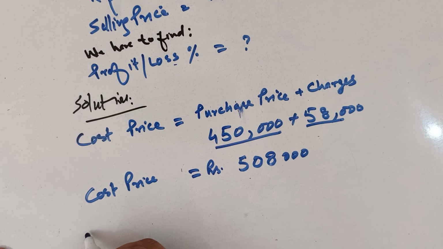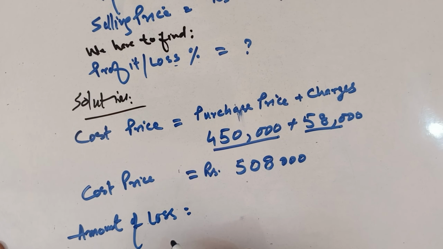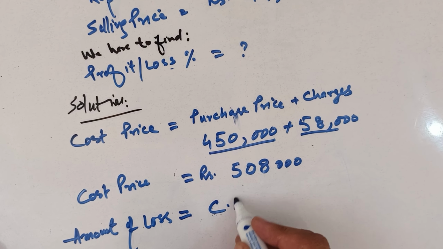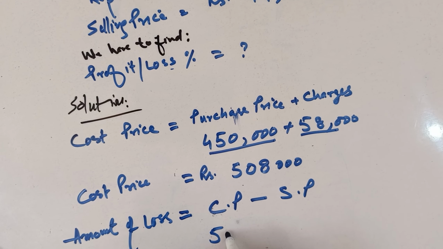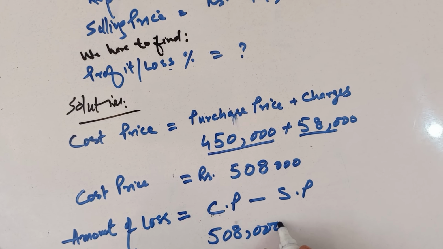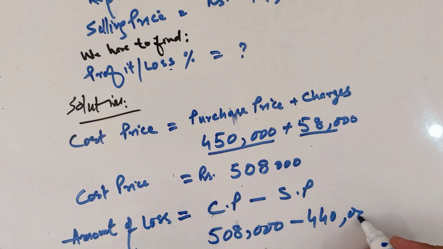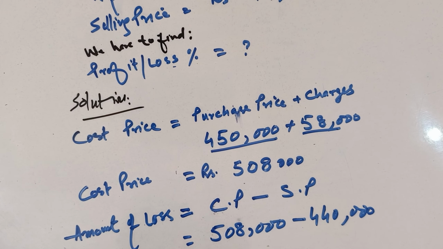The amount of loss, how can we find? Amount of loss is cost price minus selling price. And cost price is 508,000 minus selling price is 440,000, and after subtracting this amount from this, we have got 68,000.